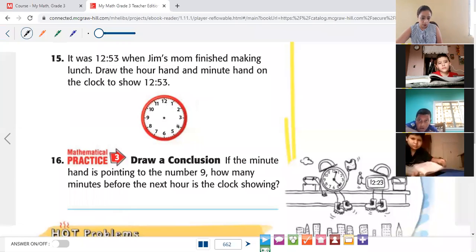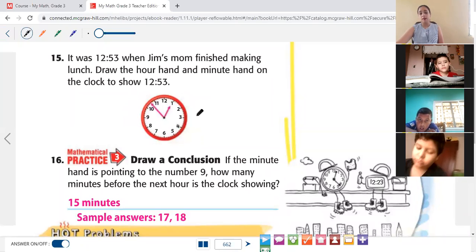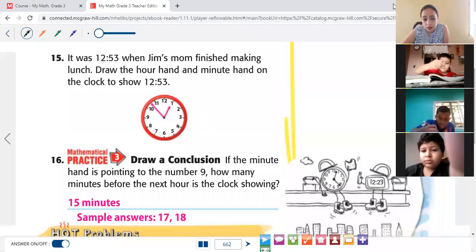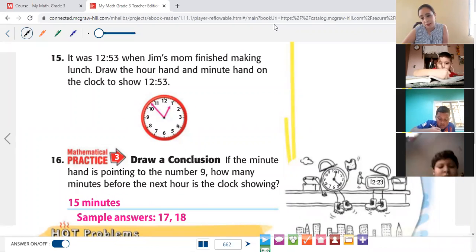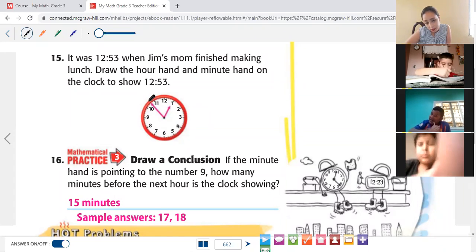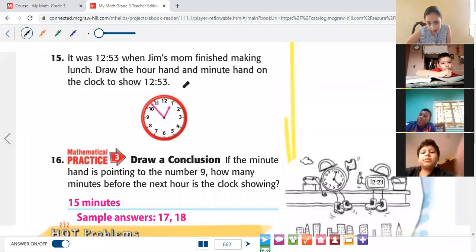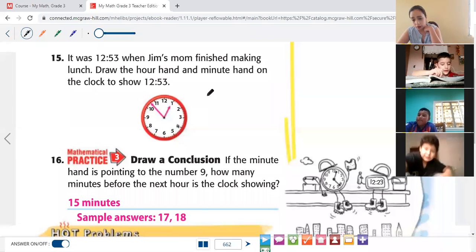Okay, there's the answer of the book. It's much easier to see this than my line. Sorry. Okay, so draw the long hand and the short hand. Meaning, the long hand points to the minutes and the short hand tells me the hours. Okay. Did everyone write the answer?